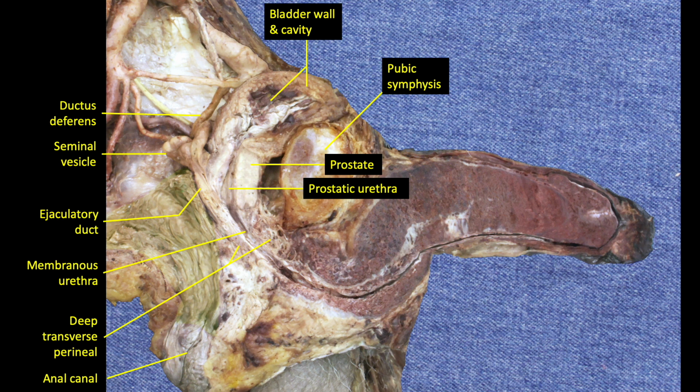This muscle is considered in continuity with the external urethral sphincter that is under voluntary control. That is, if you wish to stop voiding midstream, you can willfully contract this muscle and the flow of urine will be blocked. It is present in both males and females.